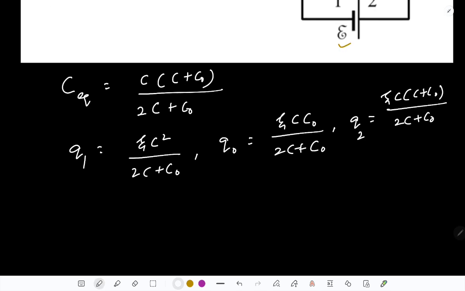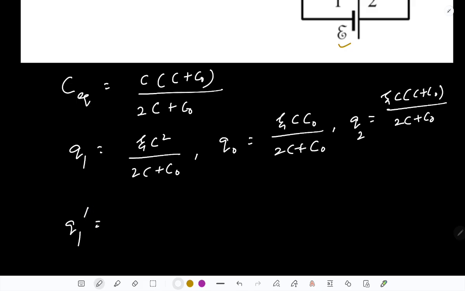And after moving the key to position 2, the capacitance of the capacitor system will not change. It will remain same, though total equivalent capacitance. But charges on the capacitors will change and they will be equal to Q1 dash.